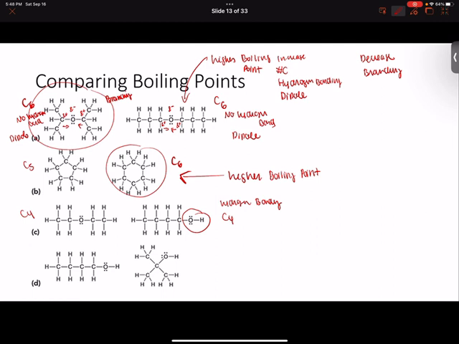They do have some dipole interactions. This one has some dipole, but this one's gonna have some dipole as well if you think about it. So we have hydrogen bonding, dipole. There's no branching. So since this one has hydrogen bonding, this one's gonna be the higher boiling point.